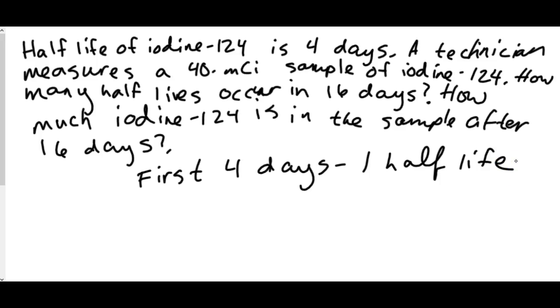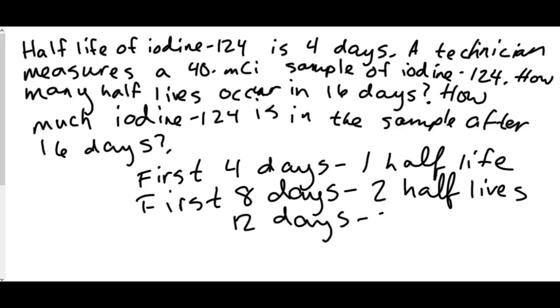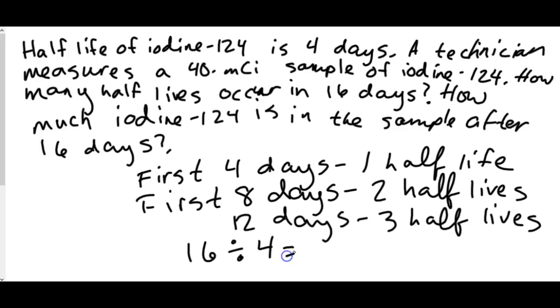So if we do 4 more days after that, first 8 days, now we have another half-life, so 2 half-lives. Then if we did another 4 days after that, so 12 days, we'd add 1 more half-life, so 3 half-lives. So you can write it out like this if you want to follow the pattern, or you could just say, well, 16 days total divided by a half-life every 4 days is 4 half-lives.